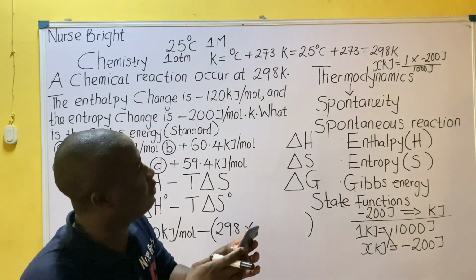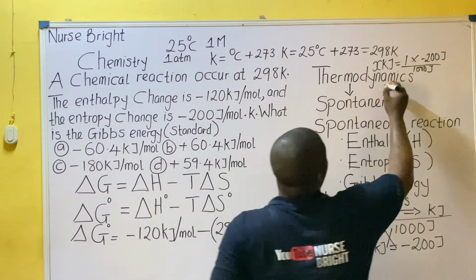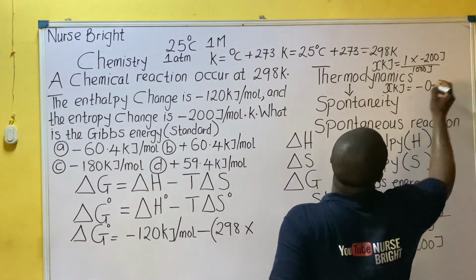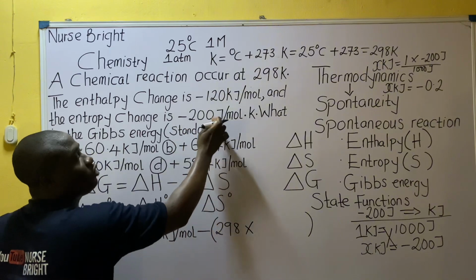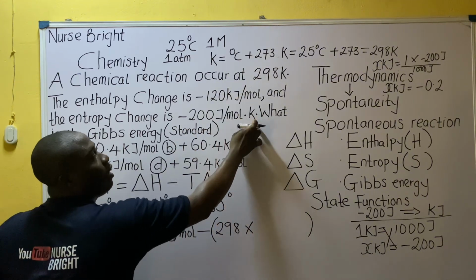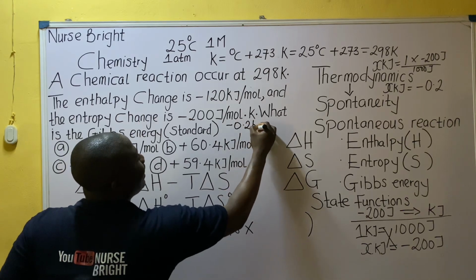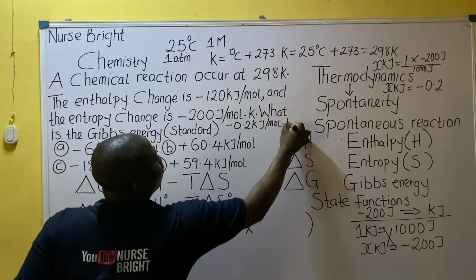So minus 200 divided by 1000 is minus 0.2, alright? So X kilojoule will now be equal to minus 0.2. Meaning that minus 200 joules per mole Kelvin will now be minus 0.2 kilojoules per mole Kelvin.